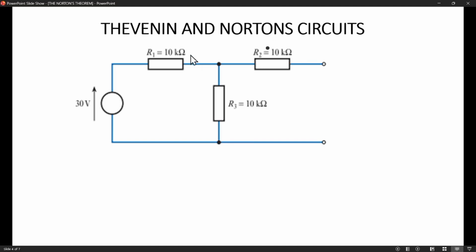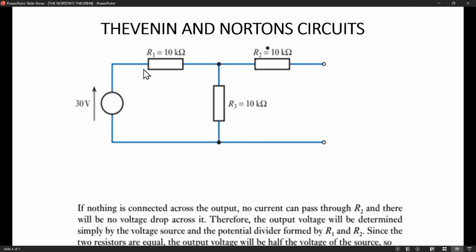So simply, we must find the voltage of the open circuit using the voltage source, R1 and R2, to find the voltage at the open circuit.